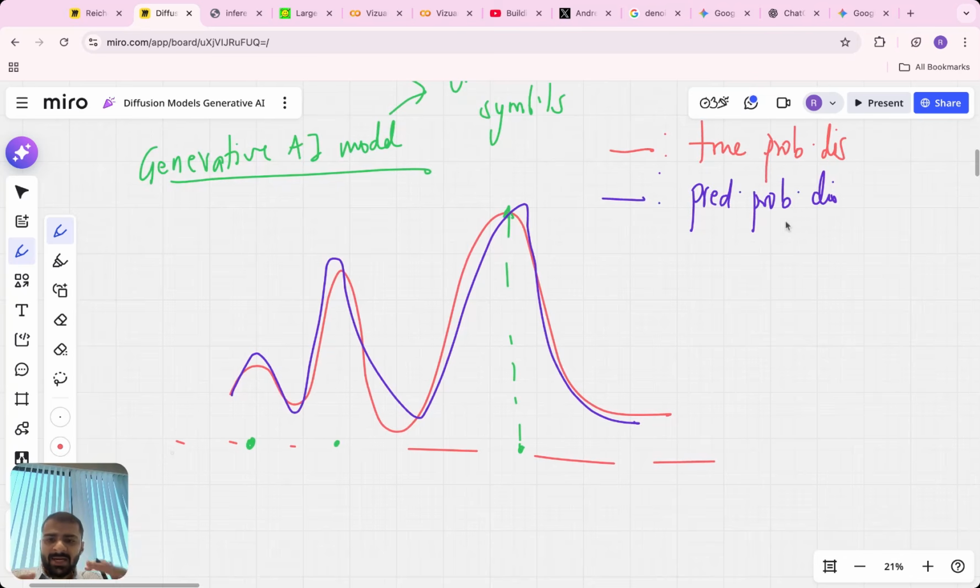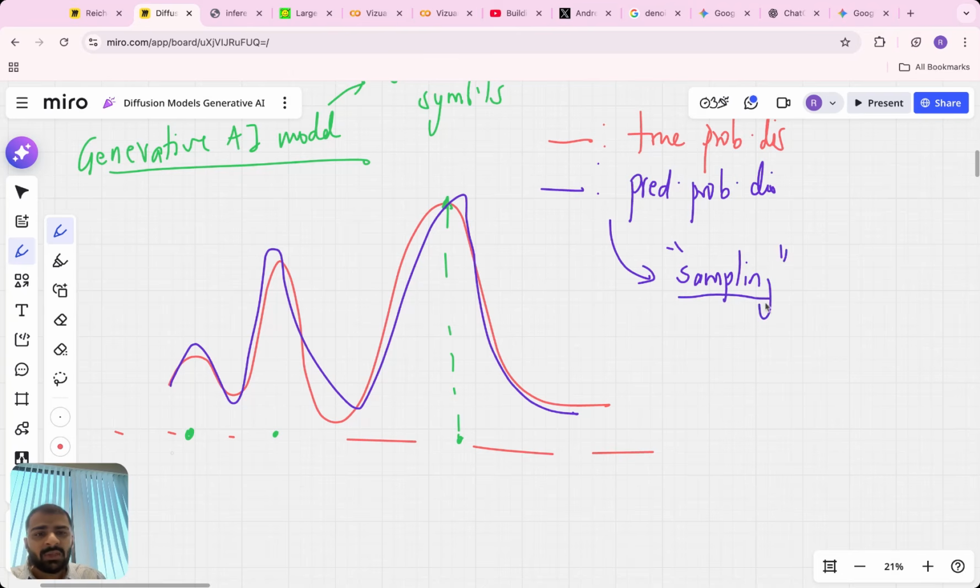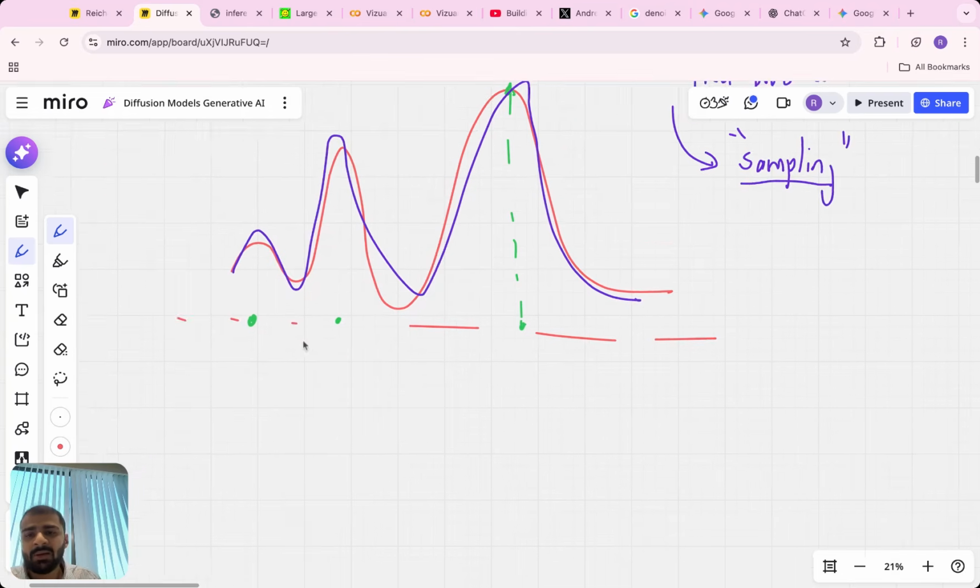And let's say we get that purple probability distribution, then how do we generate images? This is the concept of sampling. To generate images, we sample from this predicted probability distribution.